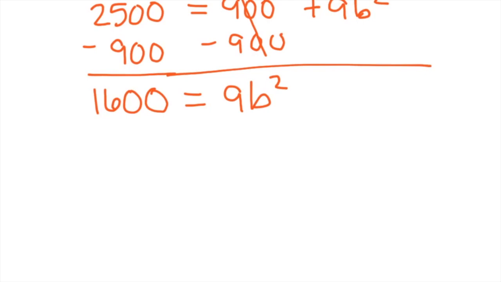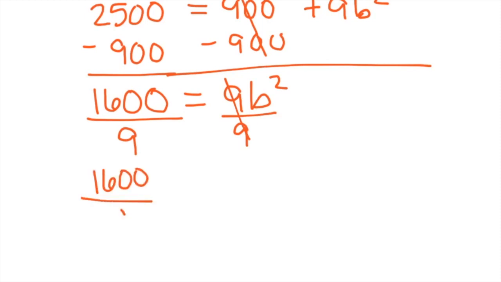Ooh, I like these numbers. They're pretty and fun and perfect squares, so this is going to be nice. So now let's divide both sides by this 9 because we want to get the b alone. So we will divide both sides by 9, and now we have 1,600, which is a perfect square, over 9, which is a perfect square, equals b squared.